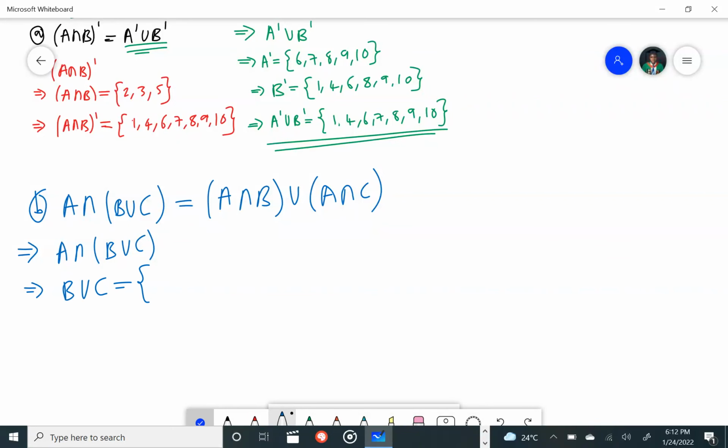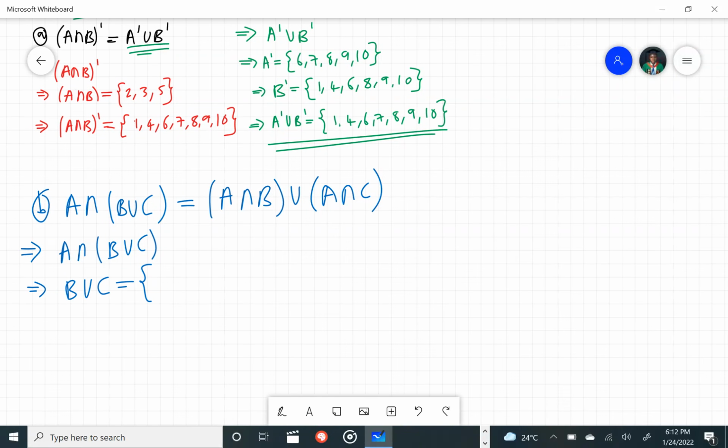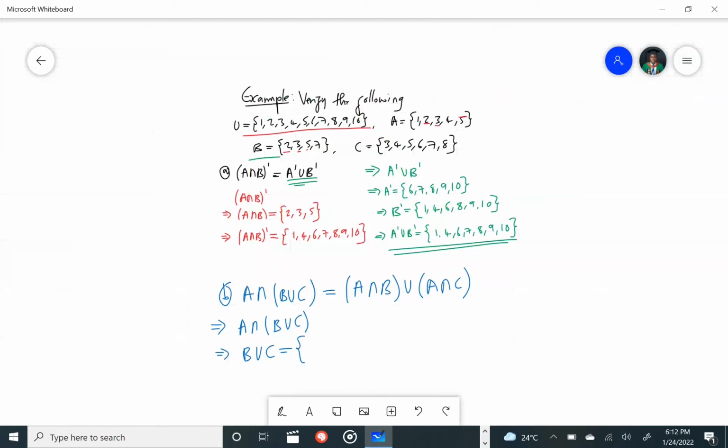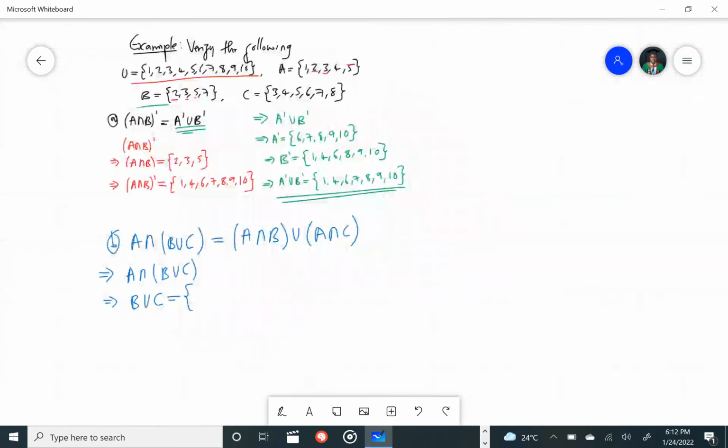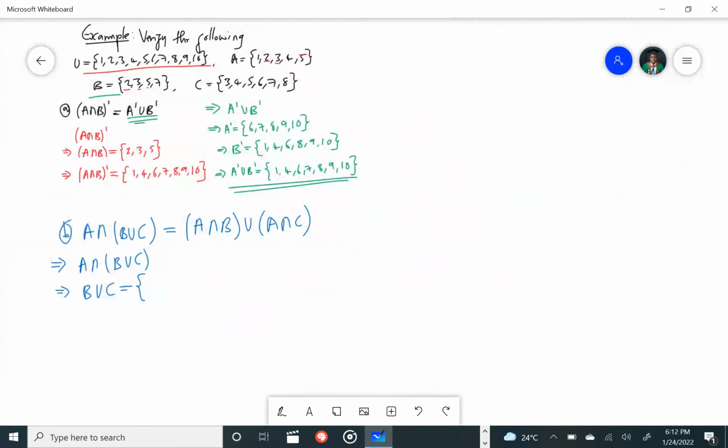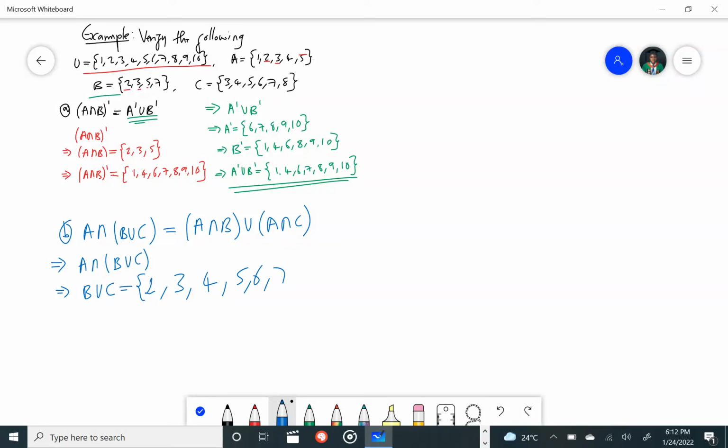To make it easier for everyone to follow through, let me just do this so we can be looking at the sets in question. So B union C, that's going to be 2, 3, 4, then 5, 6, 7, and 8.